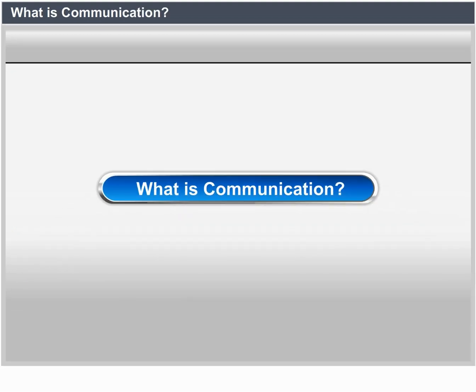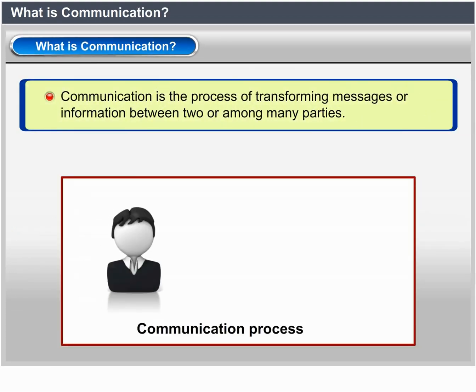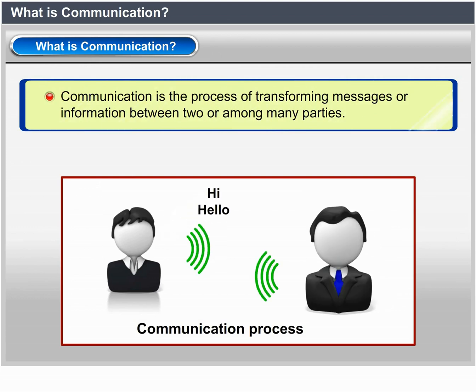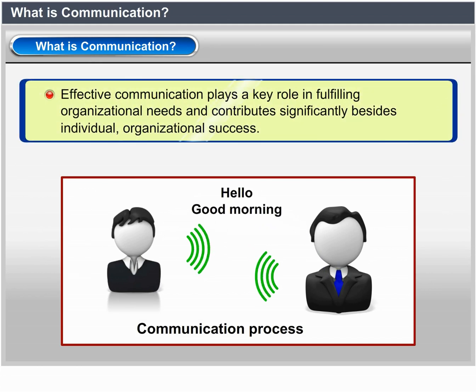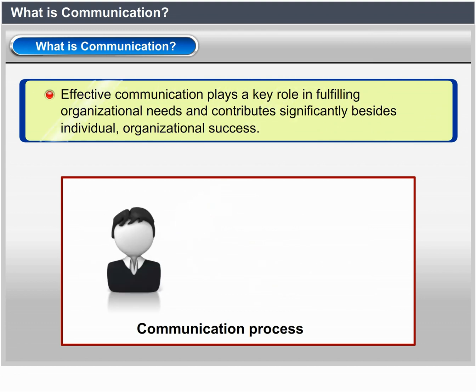What is communication? Communication is the process of exchanging messages or information between two or more parties. Effective communication plays a key role in fulfilling organizational needs and contributes significantly to individual as well as organizational success.